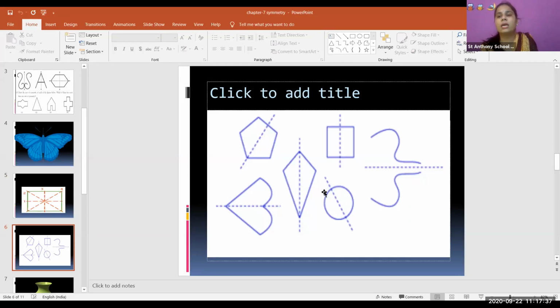So this part exactly overlaps this part, and this is known as the axis of symmetry, and it is known as reflectional symmetry.